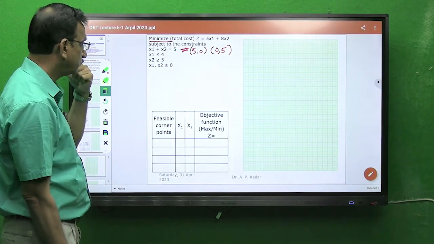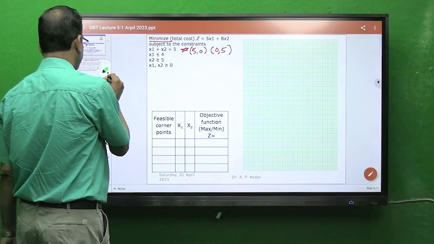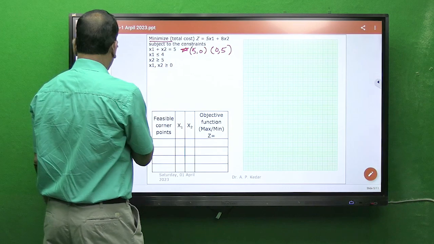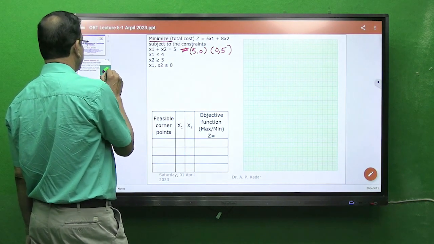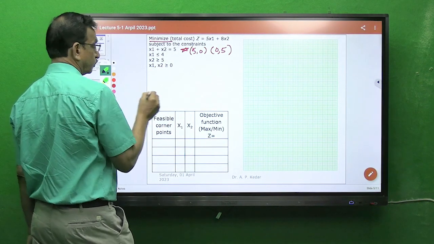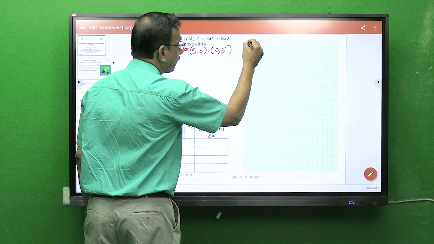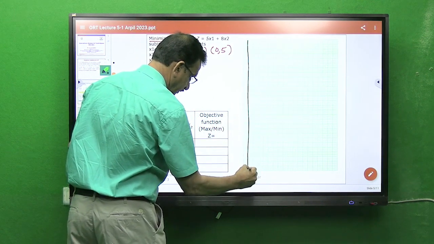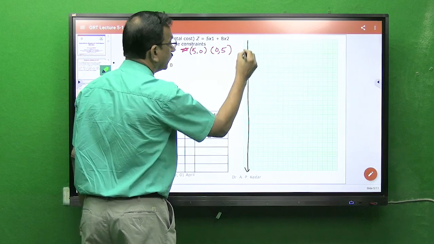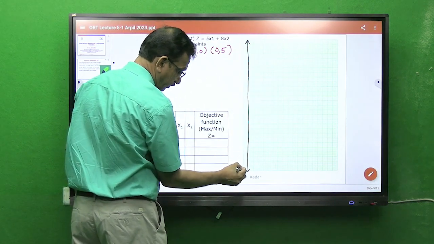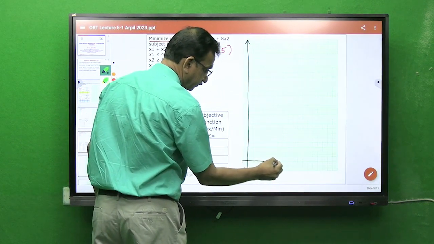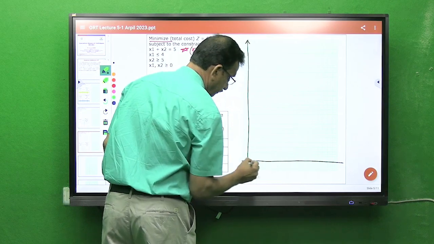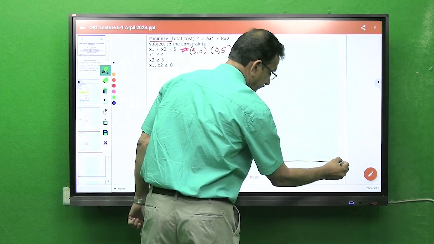So now what we'll do, we'll select again the graph. Say we'll select two axes again. This is axis x2, this is axis x1.